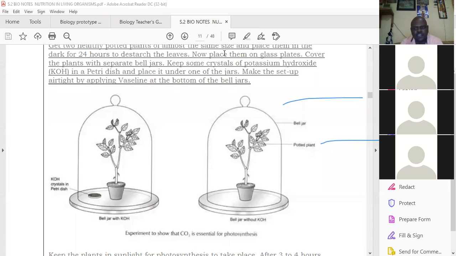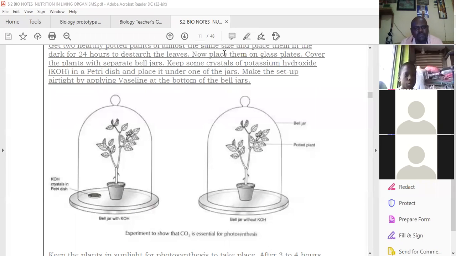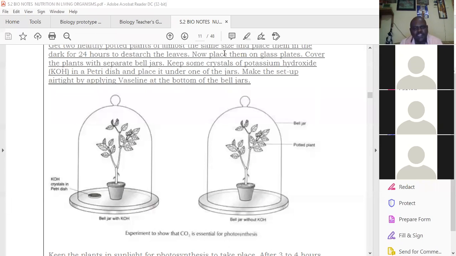How do we arrange an experiment in such a way that if, for example, in this case, carbon dioxide had been eliminated by putting potassium hydroxide, in the control experiment we find a way of ensuring there is carbon dioxide, not tampered with?